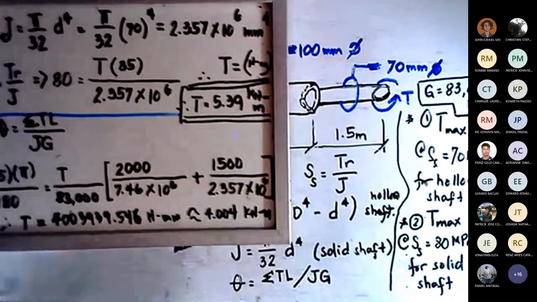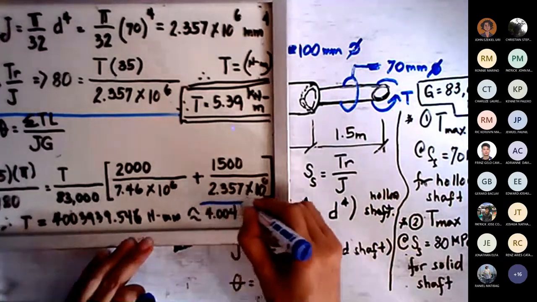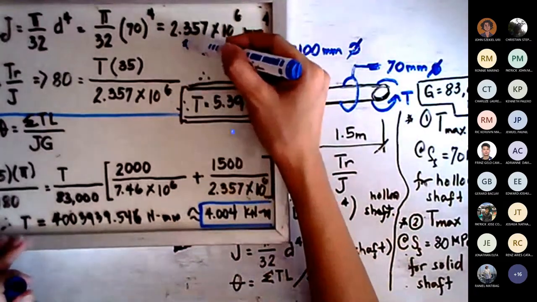Okay? Any question? Ma'am, where did the 2.5 times pi over 180 come from? It is in the denominator, with the polar moment of inertia.